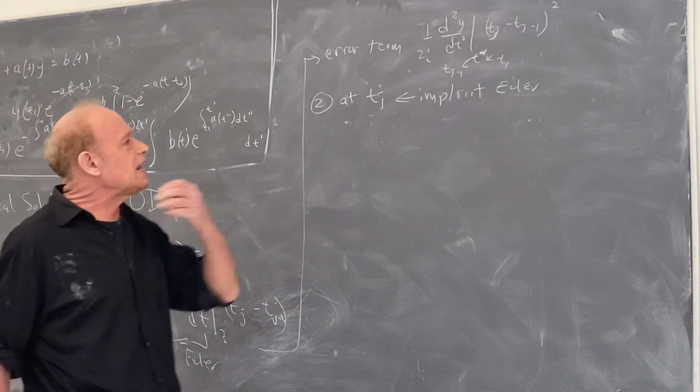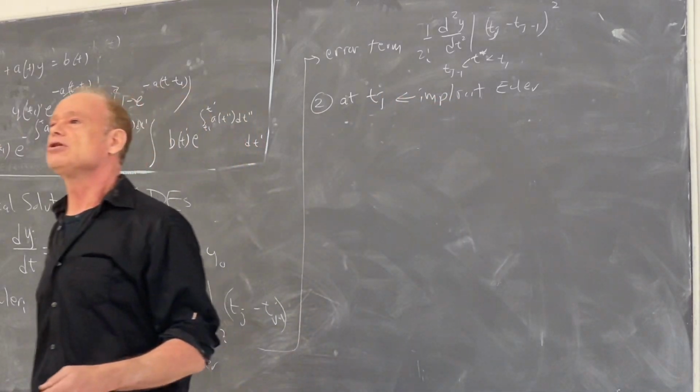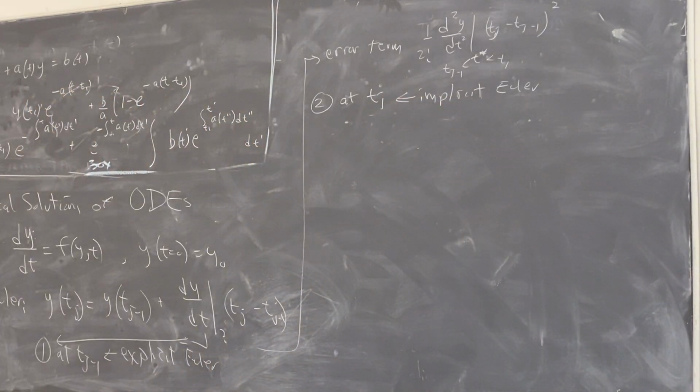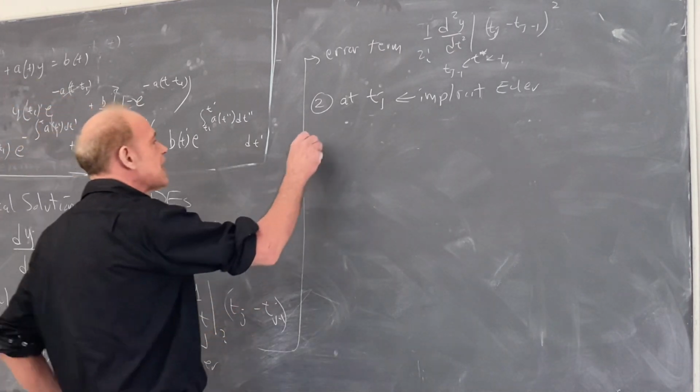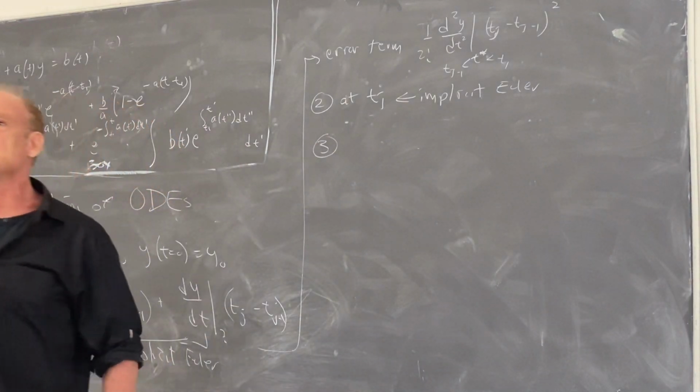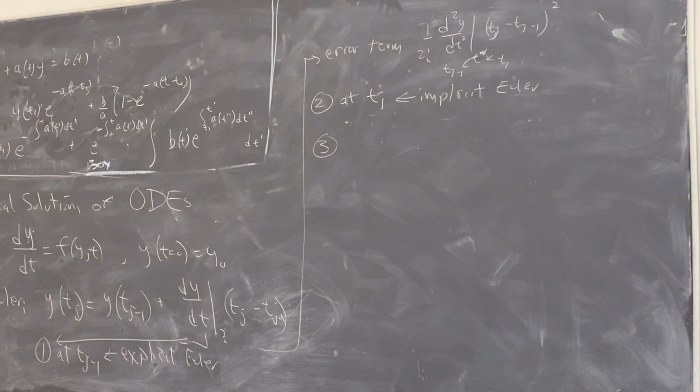It turns out that implicit solutions are much more stable. The way the error adds up, it doesn't blow up nearly as easily. I need much bigger delta t's for the error to blow up for an implicit solution than for an explicit solution. Now, this is not a course in numerical analysis. I just want to give you a sense of what you can do.